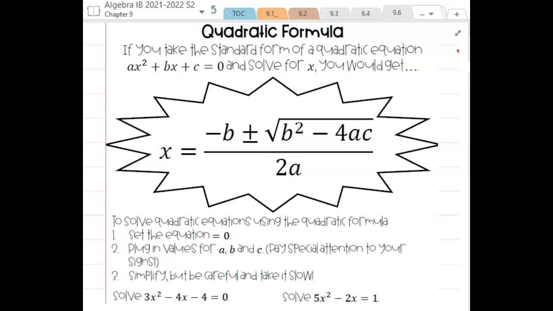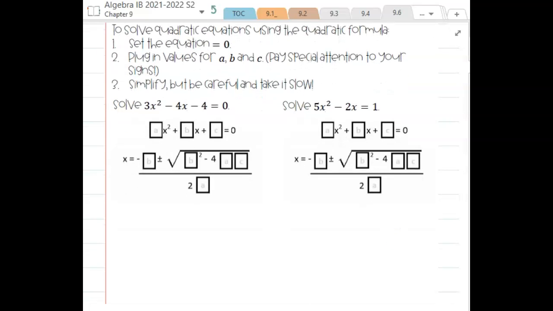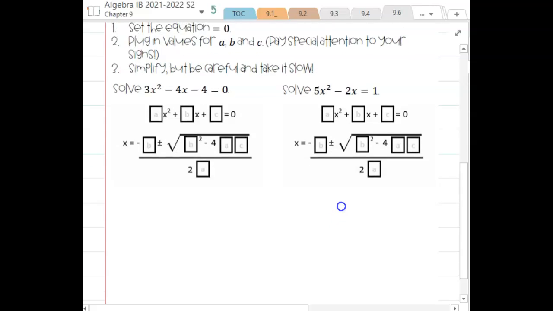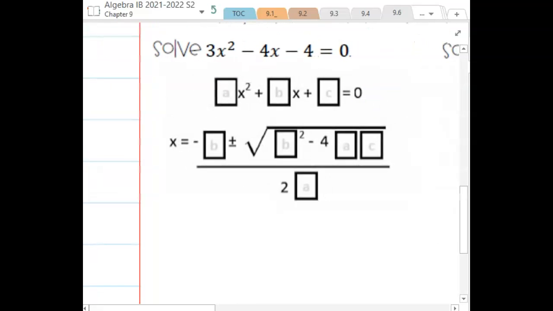But this is only a, b, and c if it's equal to 0. So the first thing we want to do is set it equal to 0. Then we're going to identify a, b, and c, paying close attention to the signs, whether they're positive or negative. And we're going to plug in the values and then simplify very carefully, and then we're going to take it really slow. Okay? So let's try this first one here.